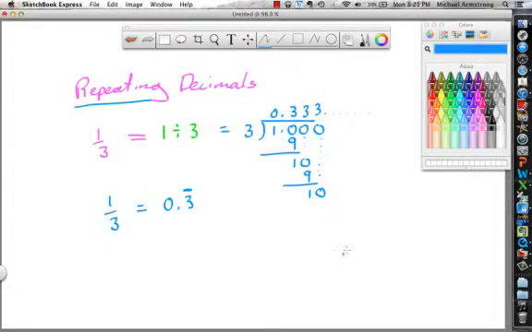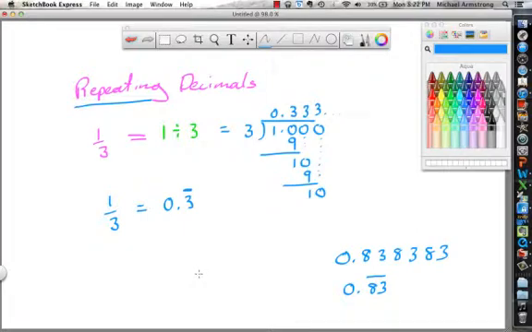So for instance, if my answer in changing a fraction into a decimal was 0.838383, I would write that as 0.83, and I'd put a bar over both the 8 and the 3.